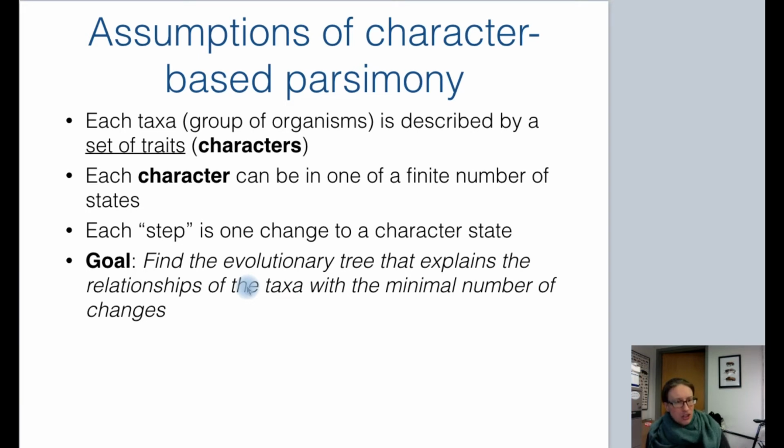Evolutionarily thinking, each step in constructing the phylogeny involves one change to one character state. So the goal when constructing a phylogeny is to try and find the evolutionary tree that explains the relationship of the taxa to each other with the minimal number of changes.